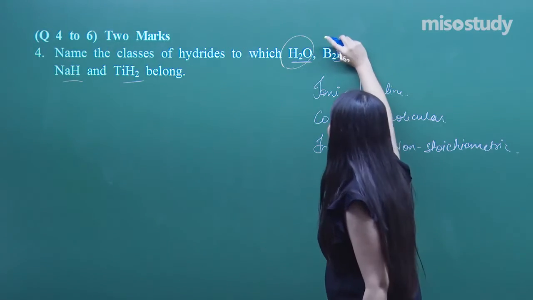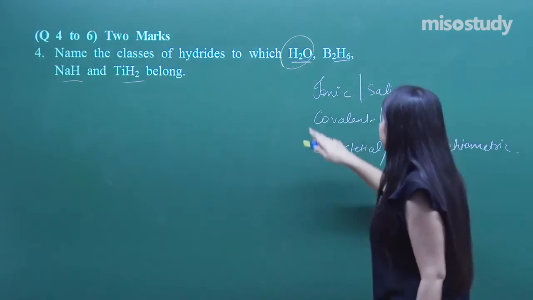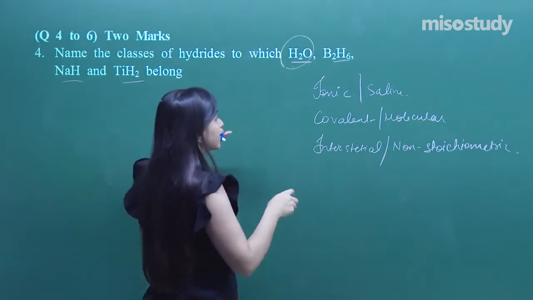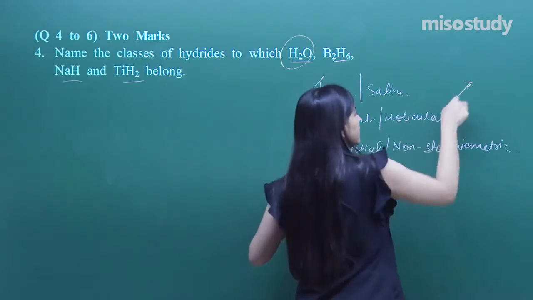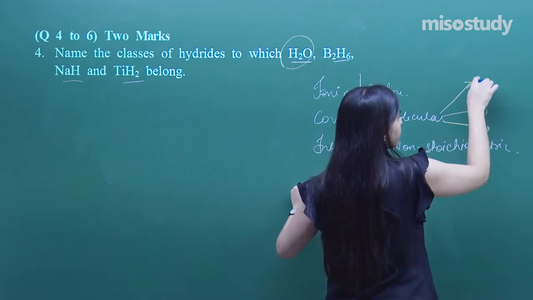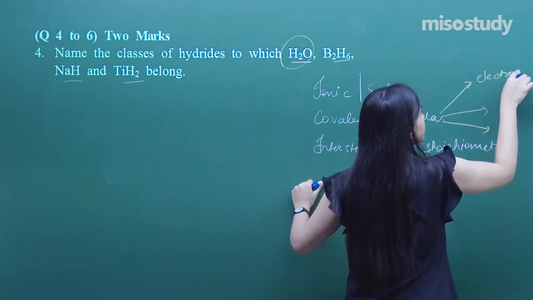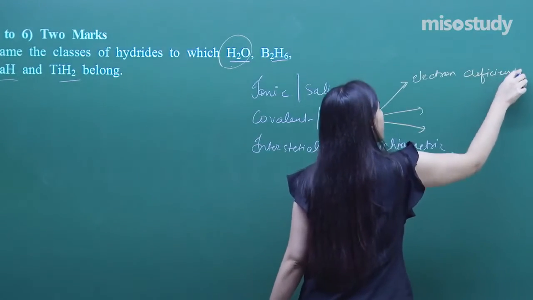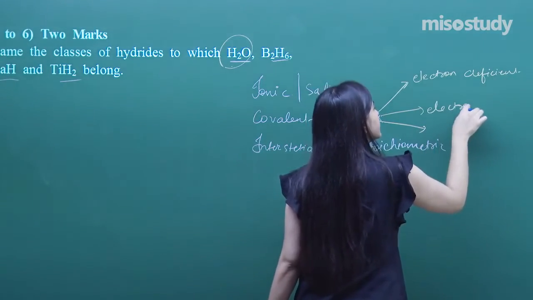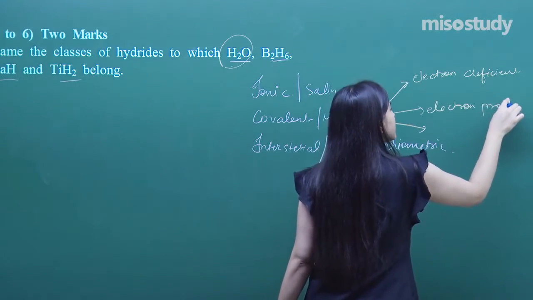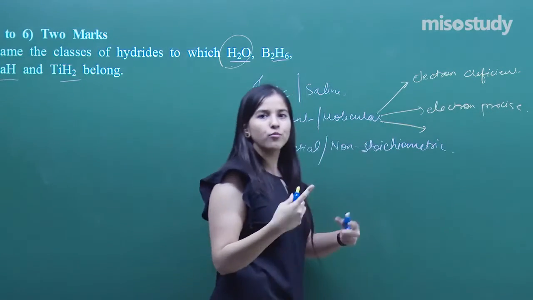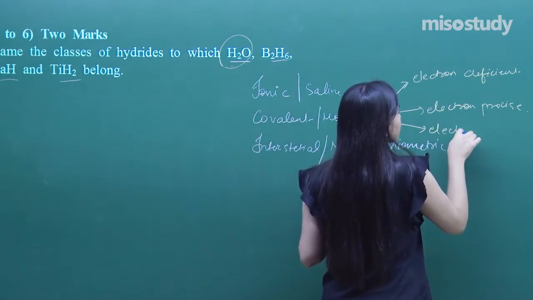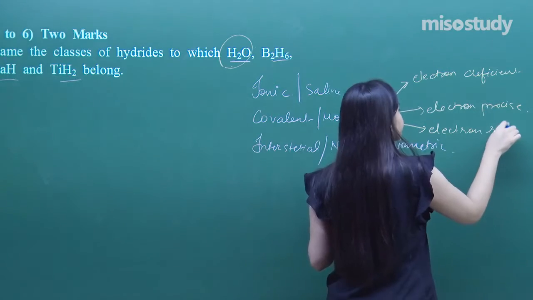First, H2O. First of all, this is a covalent compound, fine, you know this, and it's a covalent hydride. To be very precise, the 3 types of covalent hydrides are electron deficient, electron precise, that means exact number of electrons, not more, not less, just perfect, and electron rich, right?